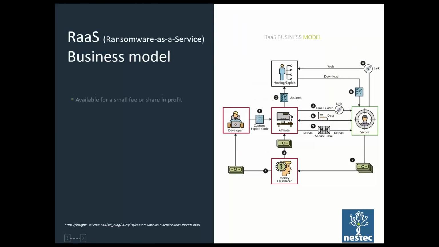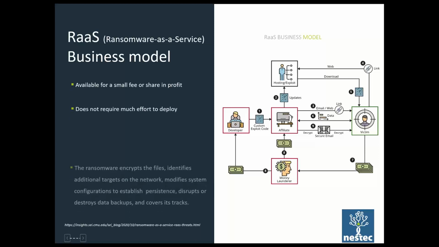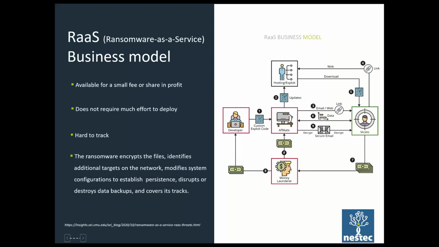We see a big increase in the software as a service business model. In this way, we also see the ransomware as a service business model becoming more and more popular. The model itself is pretty easy.